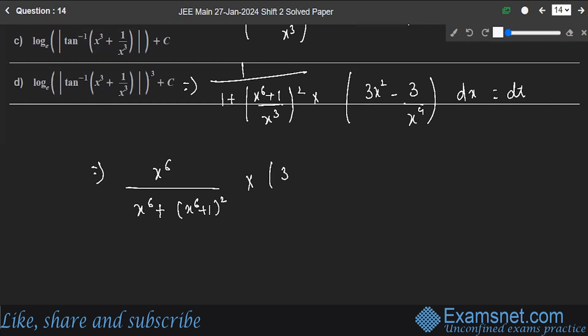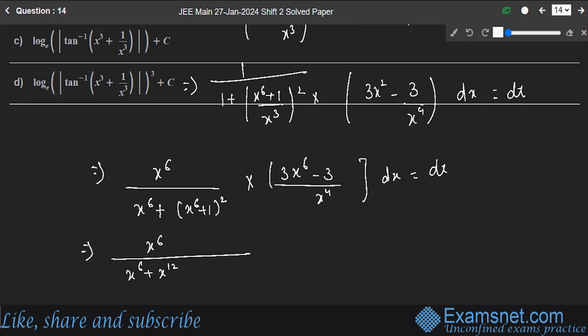Multiply 3x power 6 minus 3 upon this, right? So this is x power 6. Let's open up. This will be x power 12 plus 1, 2x power 6, 3x power 6 minus 3 upon this, dx is equal to dt.